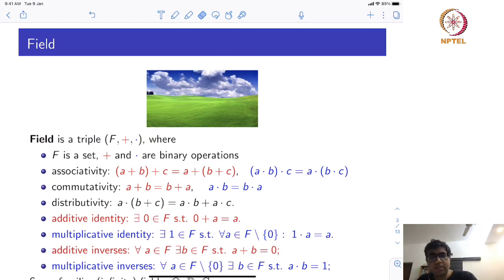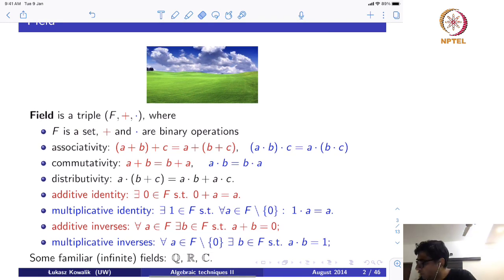So the concept we need is the concept of a field. This is not a course in maths, but still let me tell you what fields are. Basically a field is a set which is bestowed with a couple of operations, some addition, some multiplication. They are basically binary operators and they satisfy some properties like associative property, commutative property, distributive property, and there exists a notion of additive identity.